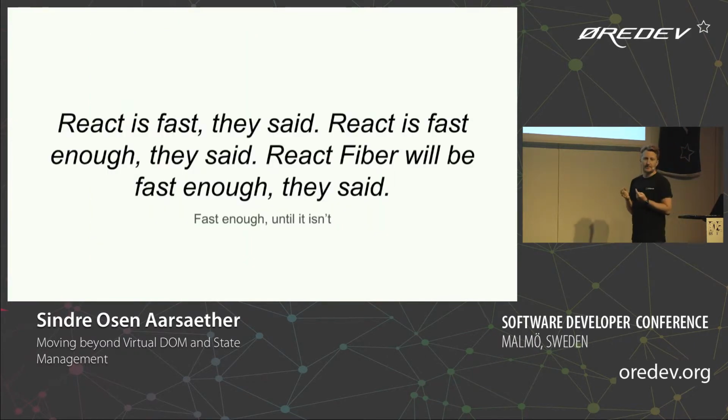But as I said, after I've been arguing with people for a few hours about whether the benchmark is really cheating or not, the new objection is obviously that React is fast enough. There's no reason to use this. And to that, I would say that it's fast enough until it isn't. So even today, your application would not become 20 times faster for the user.